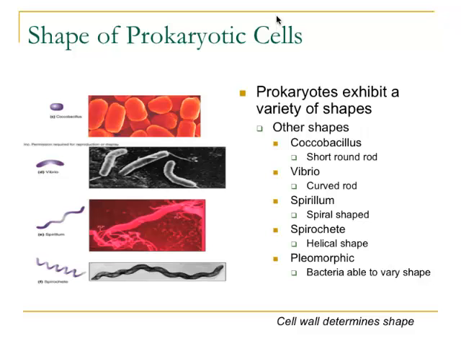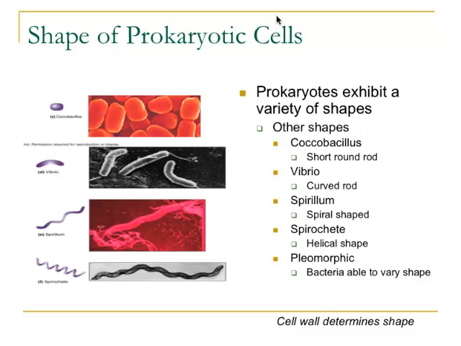Okay, so other unusual shapes do exist among different species of bacteria. They include a rather round or short rod called a coccobacillus.